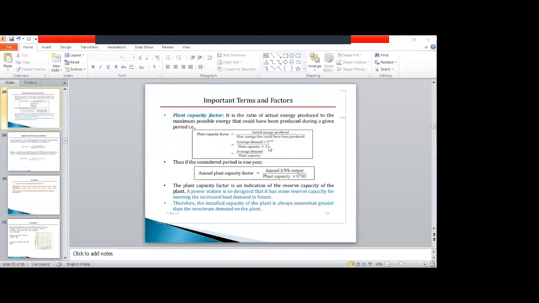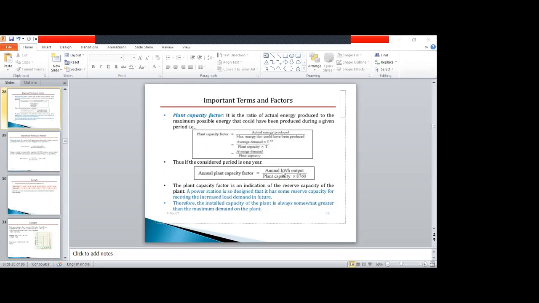Into time. Here again, the time you consider will be based on whether it is annual, daily, or monthly. So suppose you consider 1 year, then it is called the annual plant capacity factor, equal to annual kilowatt hour output. Actual energy produced is nothing but annual average demand into corresponding time.